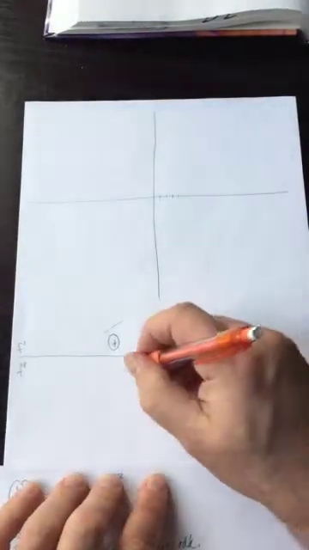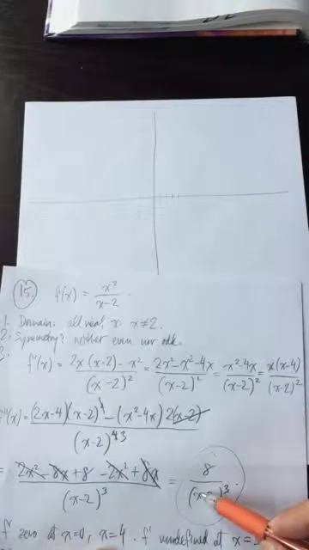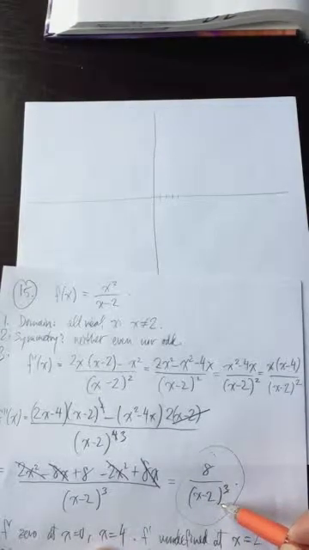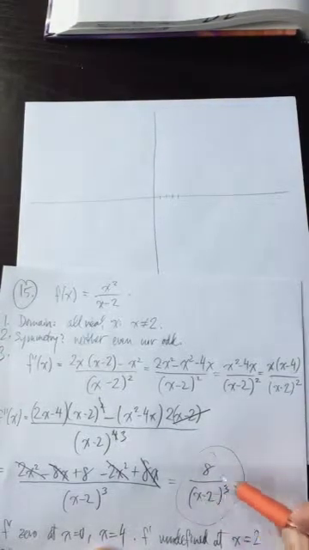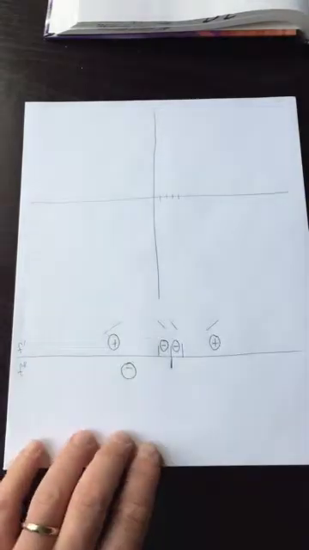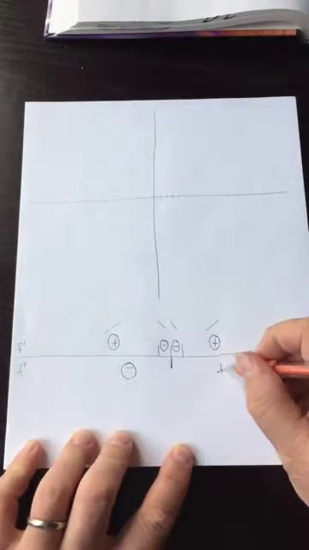So let me put in a negative for that. And then to the right of 2, my second derivative, everything's positive. So I'll put in a positive here.